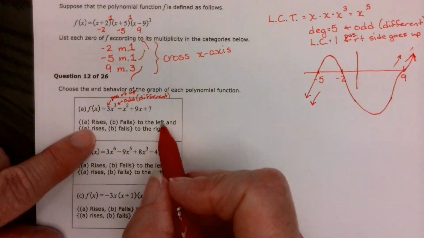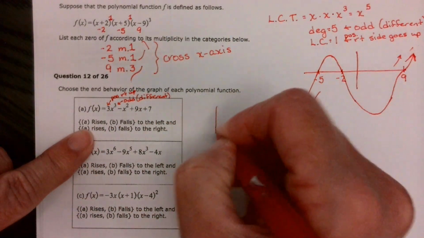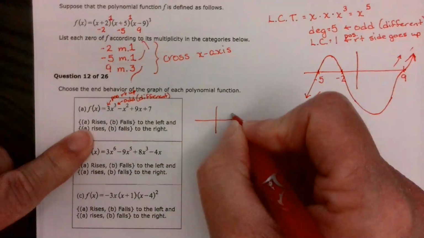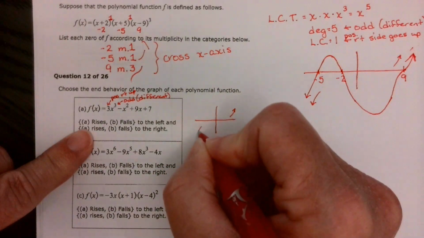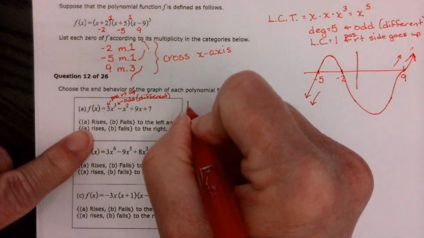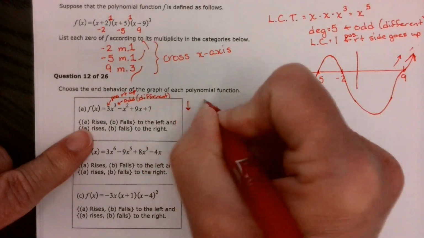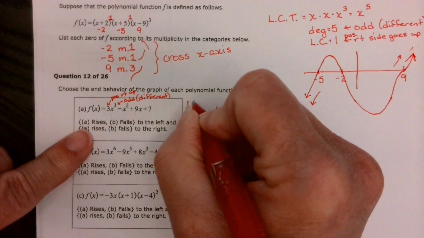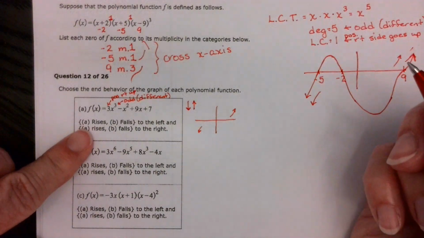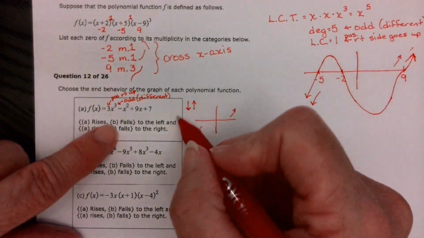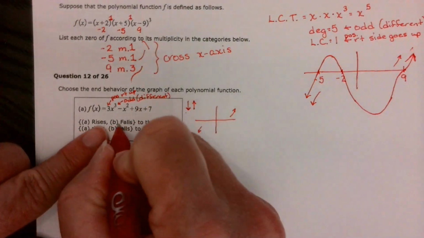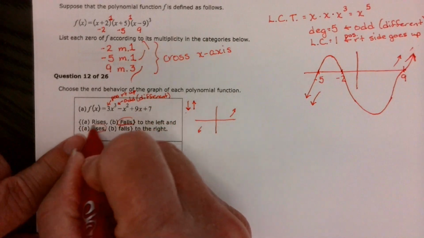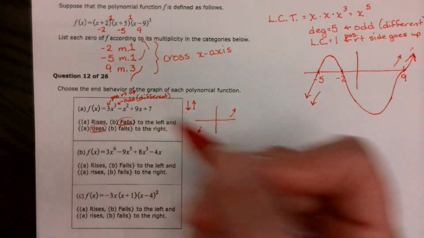Okay, so on the left side, because it just helps me to do this, the right side goes up, the left side goes down. Or, like if this was your test, you could just do this. I would be good with that, okay? So it falls on the left and rises on the right.